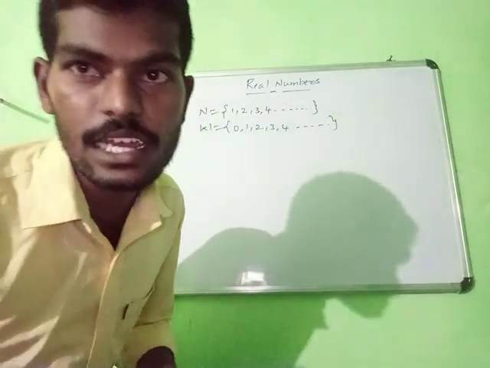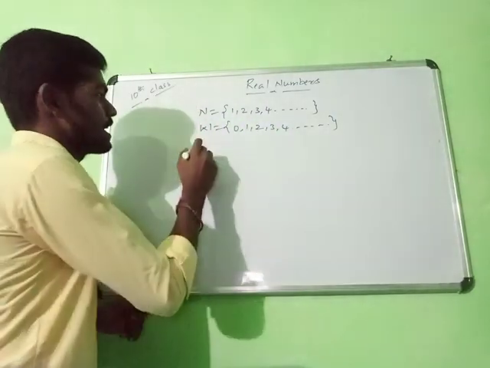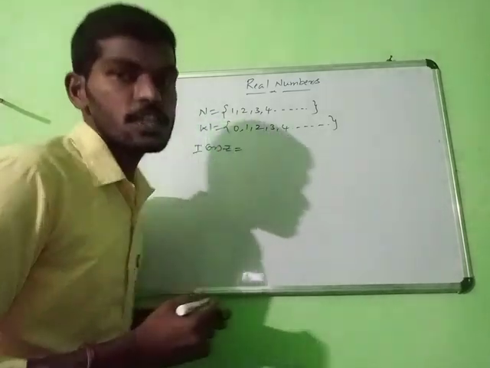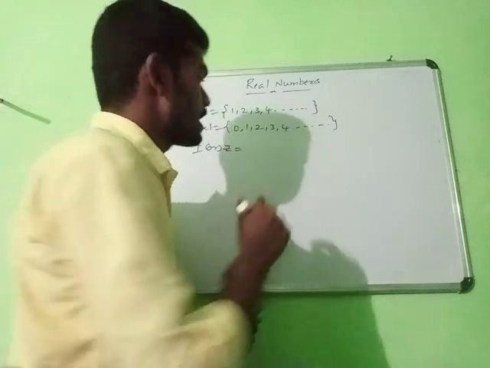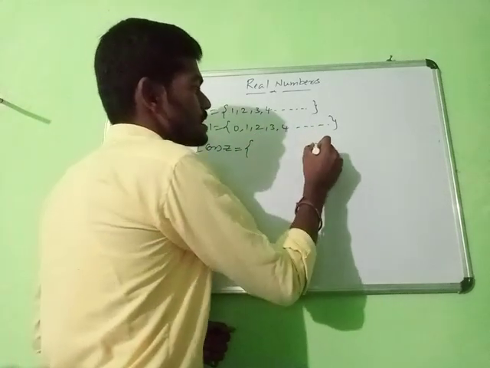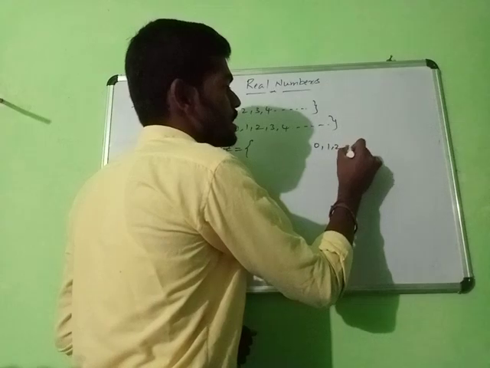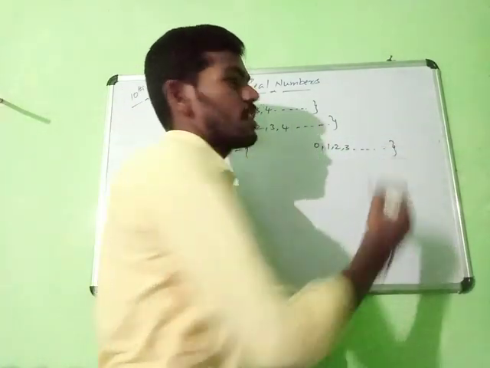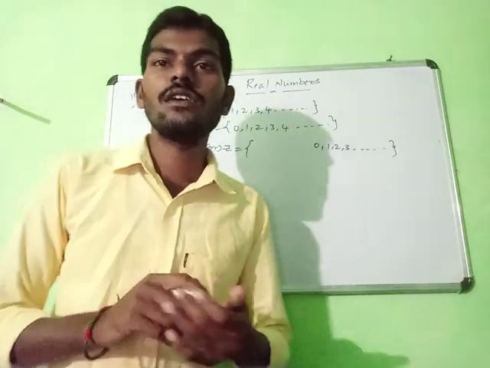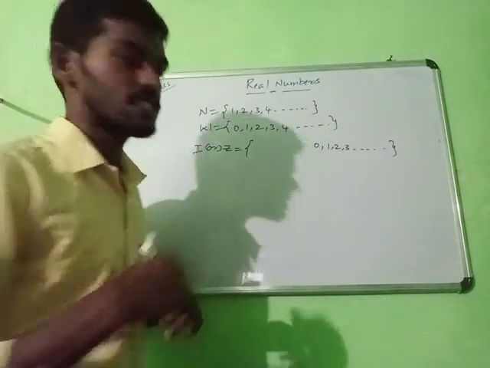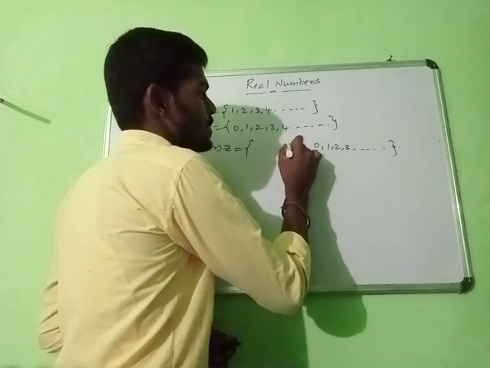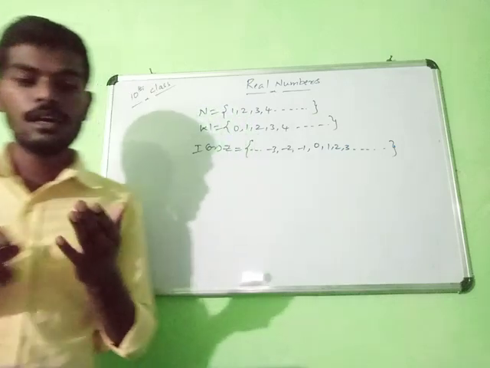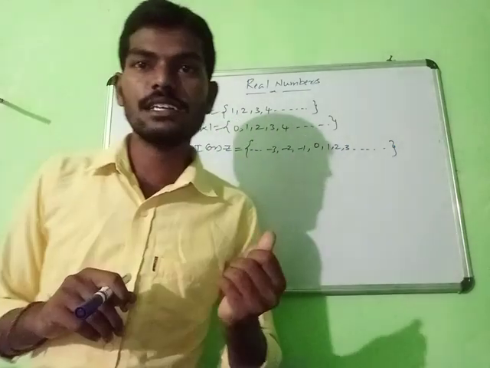It is denoted by the capital letter I or Z. Now take the set of whole numbers: 0, 1, 2, 3 and so on. Negative integers: minus 1, minus 2, minus 3 and so on.